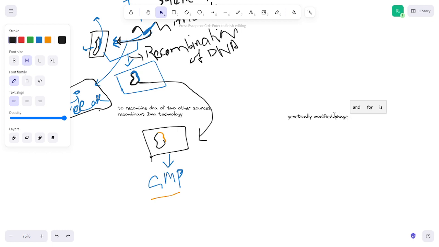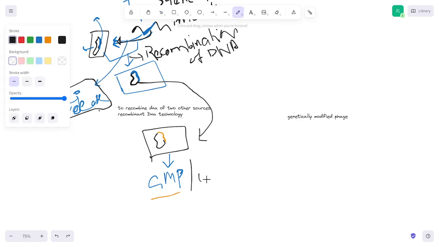GMP means genetically modified phage. Or if there is GMO, it means genetically modified organisms. So we are discussing here about the phage. So it is known as genetically modified phage.